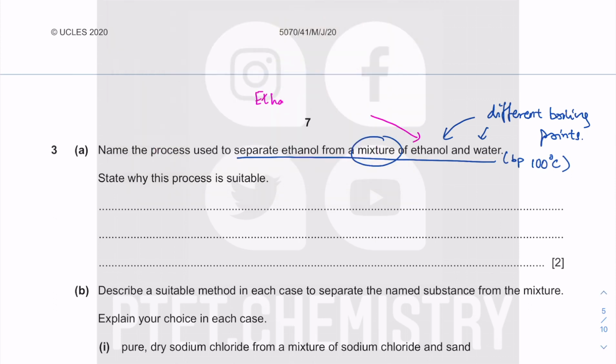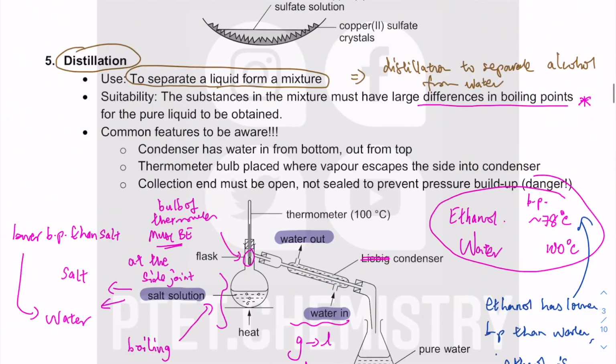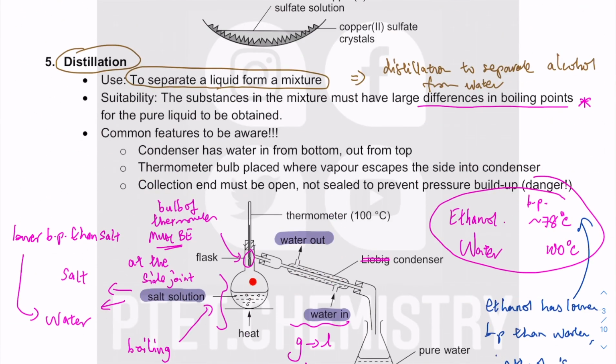That means when I do distillation, ethanol, which has the lower boiling point, will turn into gas before water. So ethanol will be collected first, because ethanol will vaporize and get condensed first.